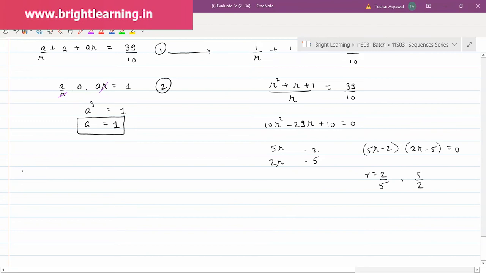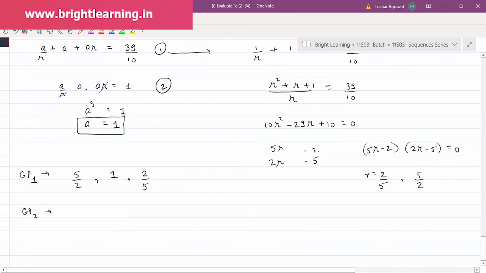So the geometric progression 1. What is the first geometric progression? So middle term is already 1, that is fixed. If you take R equal to 2 by 5, then 1 into 2 by 5, then 1 divided by 2 by 5, so it will become 5 by 2. Geometric progression 2.